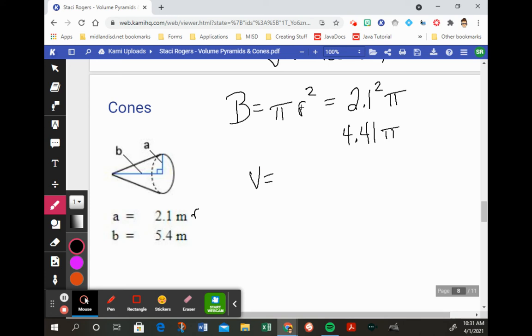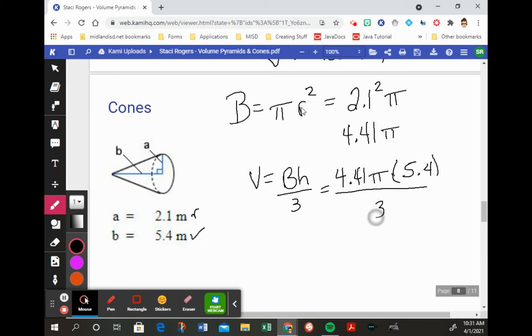So now I want the volume. Volume equals big B times H divided by 3. So that equals 4.41 pi times 5.4 divided by 3.